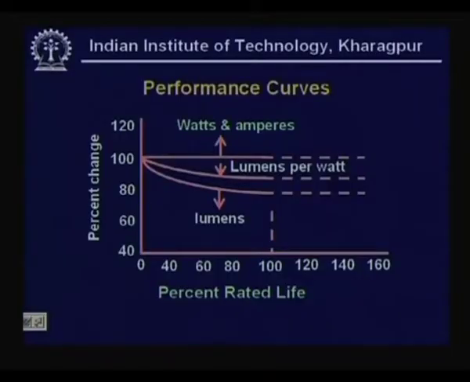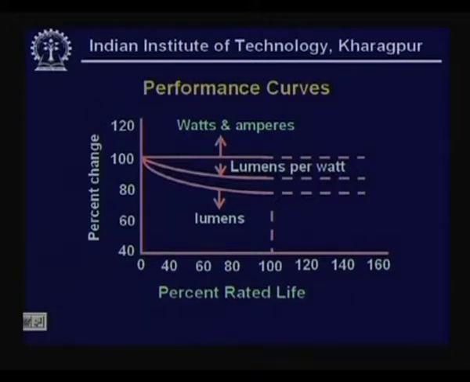The performance curves which can be seen are marked in terms of the change in the characteristics with rated life. If you can see very clearly the watts and amperes, a good lamp, that is what we expect, is supposed to remain same throughout its life as the virgin lamp.